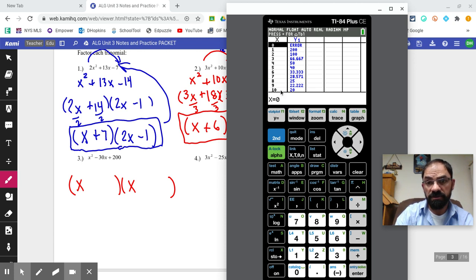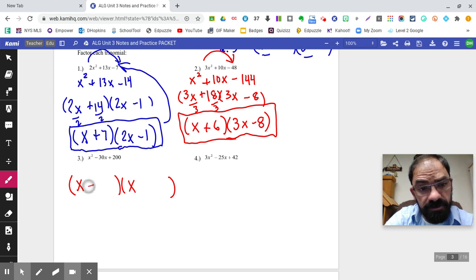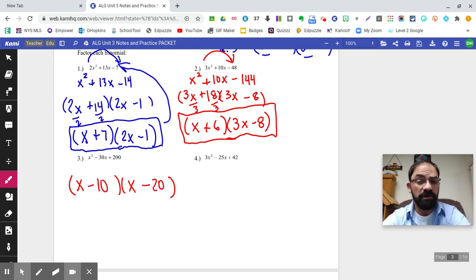Ooh, look at this bottom one. 10 and 20. Can I come up with 30 with 10 and 20? I sure can. I do want negative 30, so that just means I need negative 10 and negative 20. Let's see how I check my work. They add to get negative 30, and a negative times a negative gives me a positive. So these are my two factors.